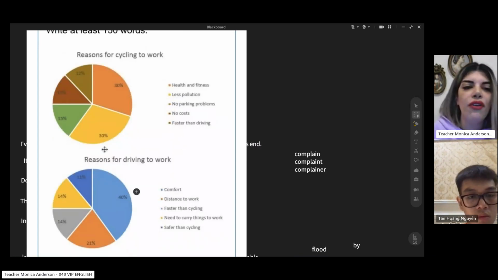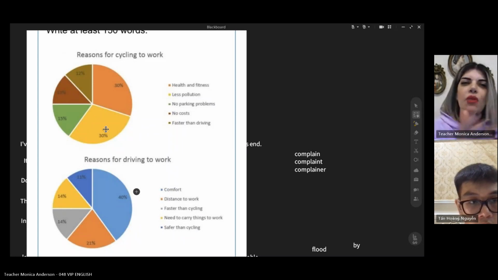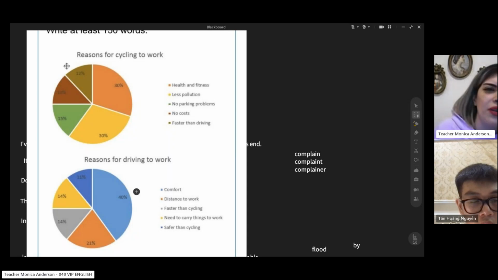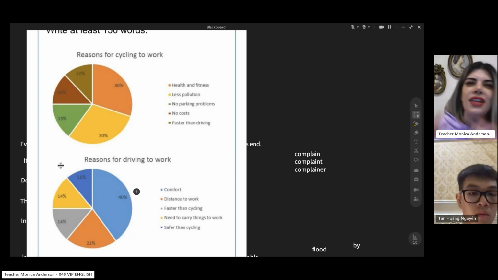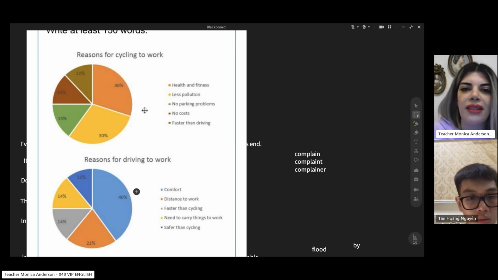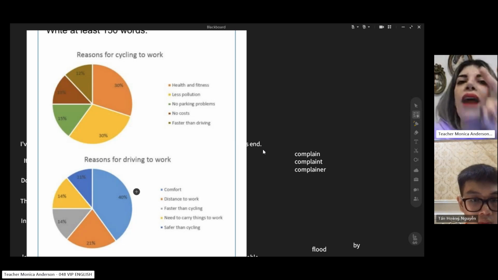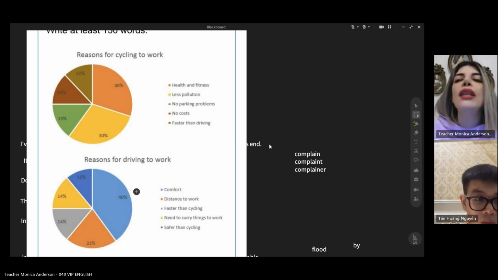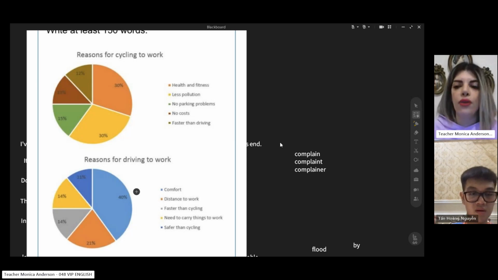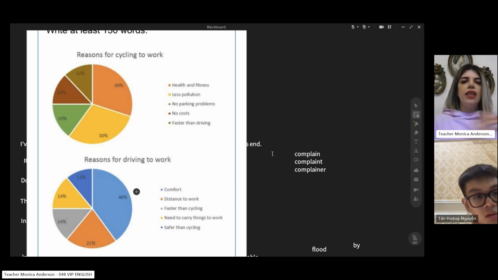As you can see, for the other, we have an almost equal percentage, something like 11 percent, and they choose the faster method, so we can consider it as another main feature. So you have three main features, and you only mention the three main features in your overview. For example, let's write.